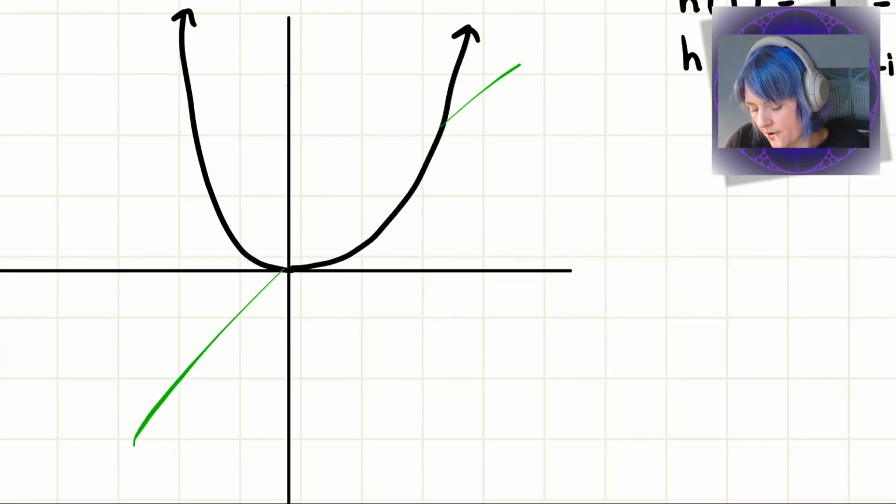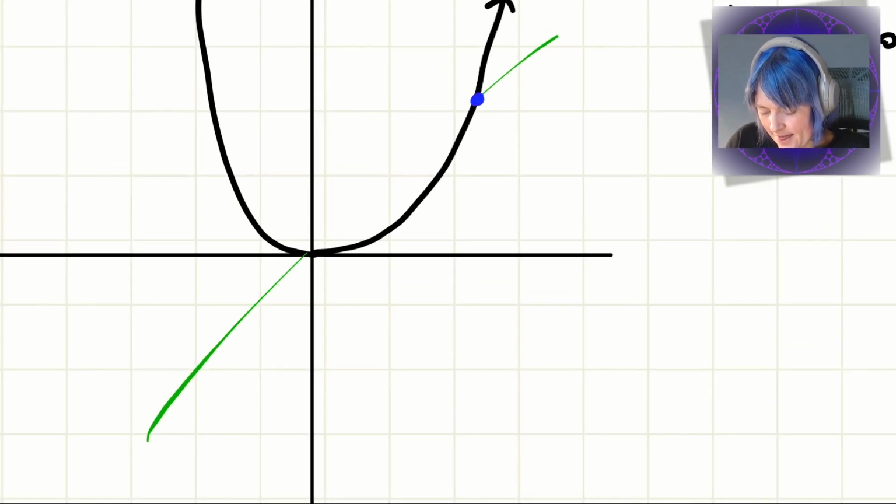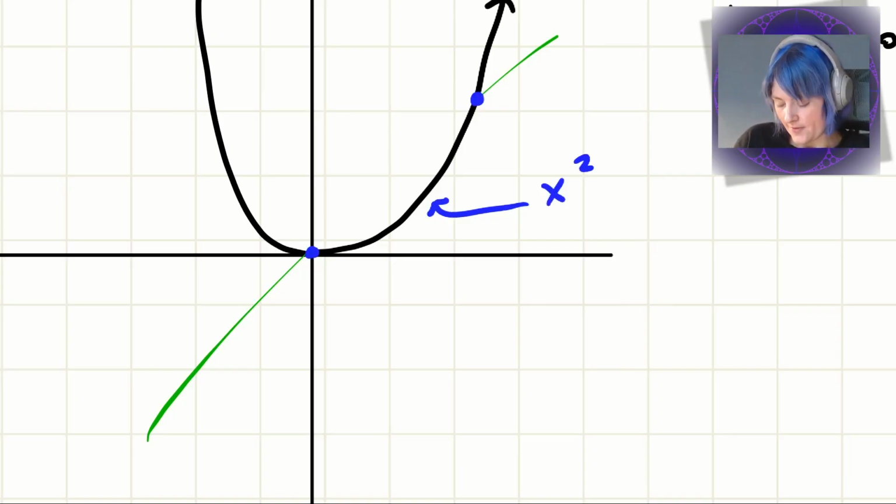And the smooth behavior is what is guaranteeing that this x squared part is in fact the minimum for all values of x in between 0 and 2.